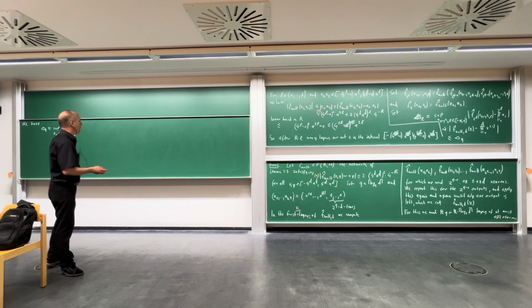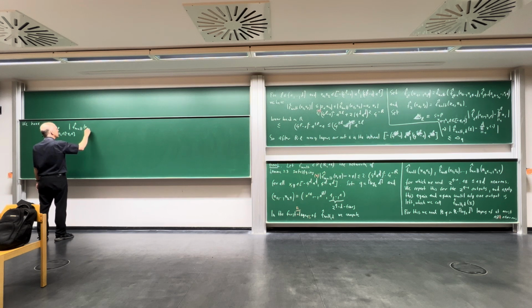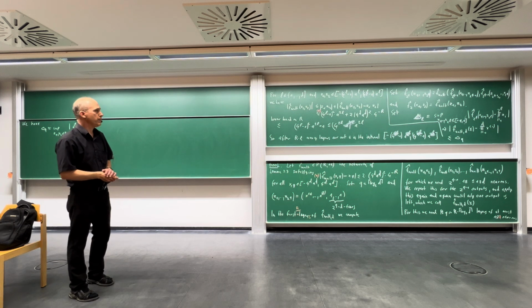The f hat 2 is just f mult, minus the product of z1 and z2.